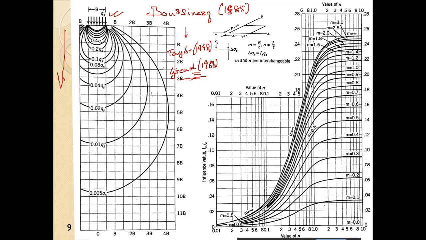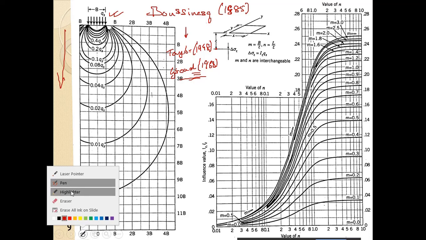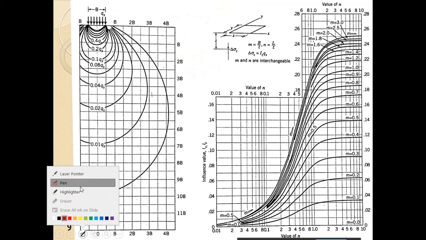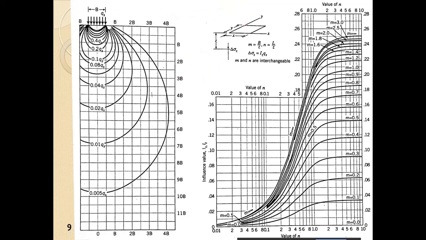Now we have to find out, at a depth z of 0.3 meter, what is the stress. What is done is, the plate, if you remember, was 60 centimeter by 60 centimeter. It is divided into 4 and we take only one part.